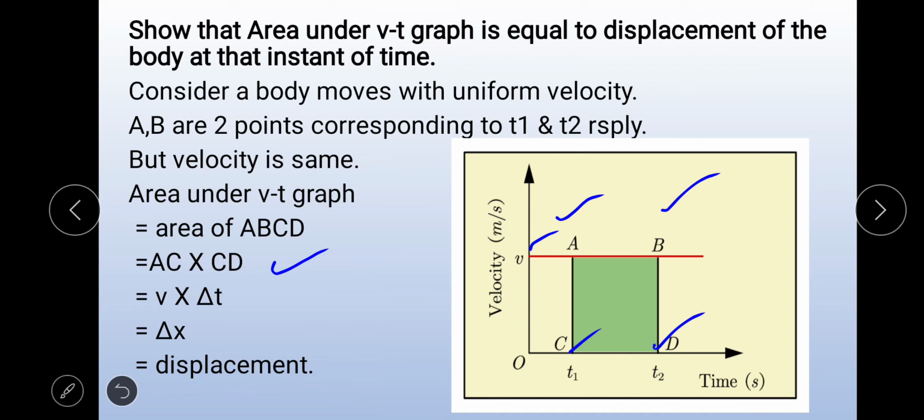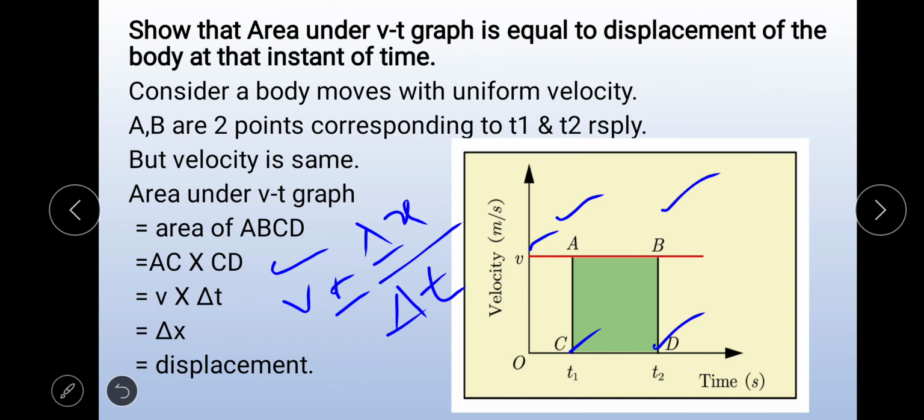So V into delta T equals delta X, because according to the definition of velocity, V equals delta X by delta T. Will you agree?